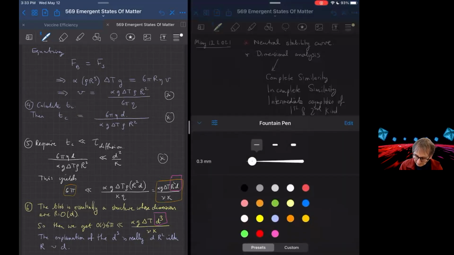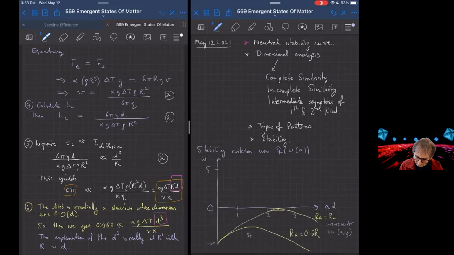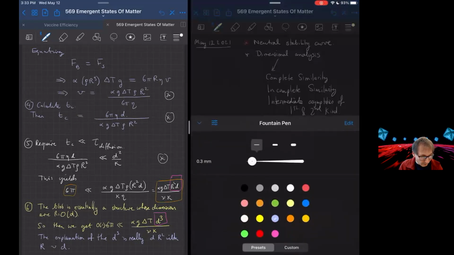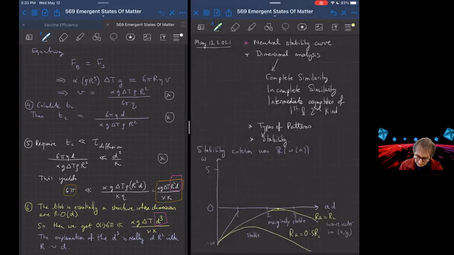So this is stable. And then the unstable one would be a curve like this. So that's the situation. It depends on the Rayleigh number.